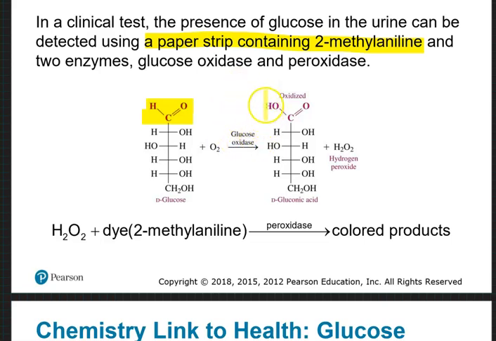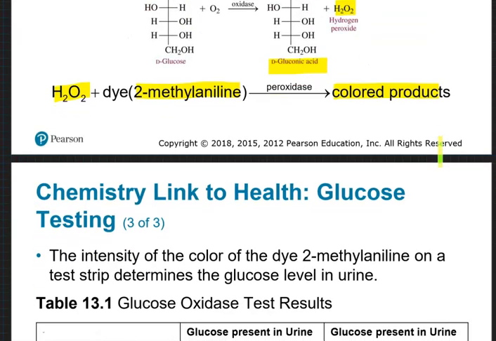In the presence of oxygen, it oxidizes aldehyde to carboxylic acid, producing gluconic acid. And the byproduct of that reaction is hydrogen peroxide. Hydrogen peroxide oxidizes the dye that's added to the strip to methylaniline, and that oxidation results in the production of a colored product, and you can see the band. And the intensity of the band will correspond to how much glucose there is. Okay?